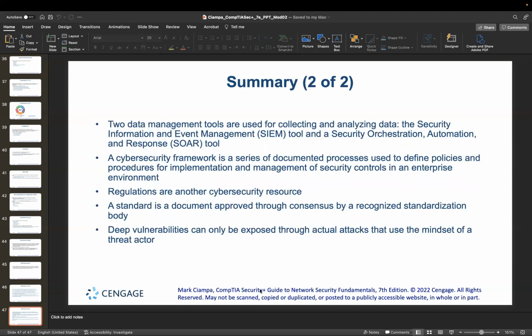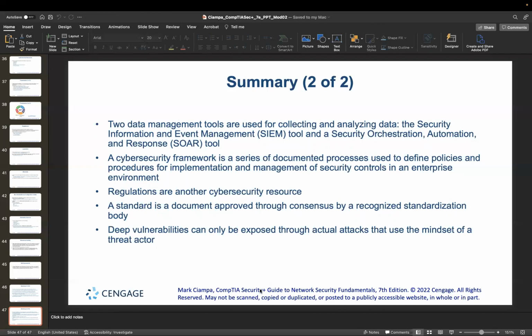Then we talked about the management tools. We talked about SIEM and SOAR, what they're good for, what they can do, and what they cannot do, which one of you correctly responded: remediation is what the SIEM doesn't do, right? Then we introduced the framework. We talked about NIST as the top of the line framework as it is adopted by many industries now.